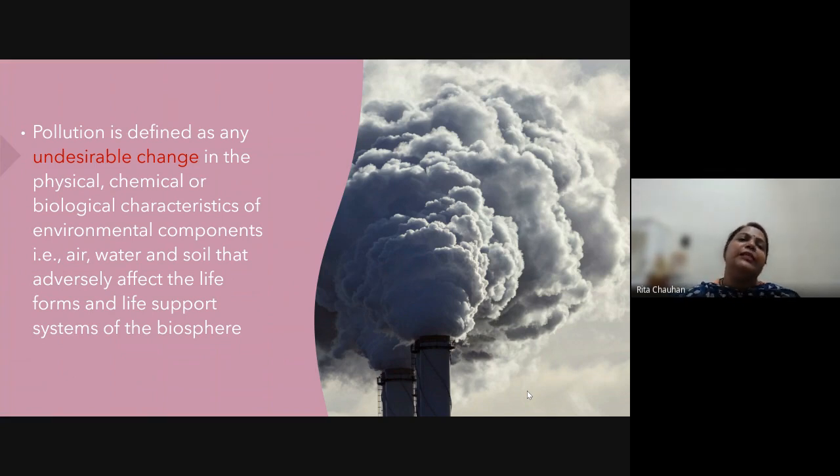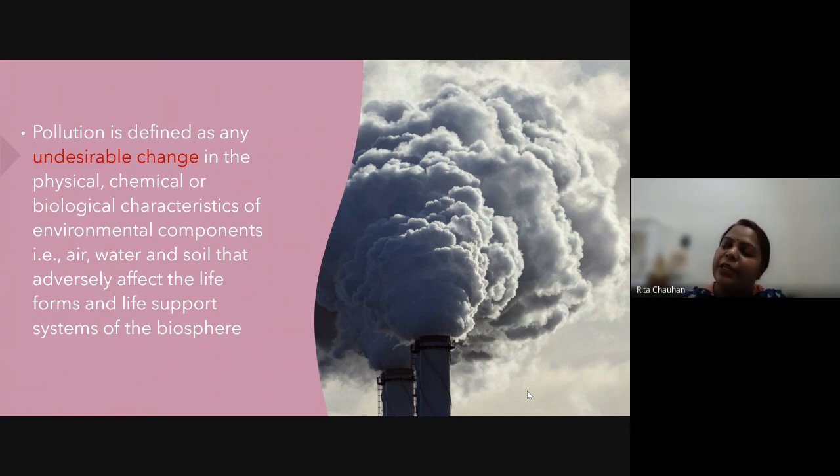So pollution is basically any undesirable change which is not required in the biological, physical, or chemical characteristics. There can be a change in physical characteristics like a change in light, darker, or a change in visibility, or a change in temperature. These are physical characteristics.